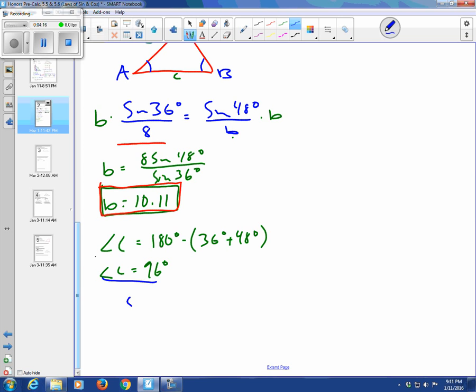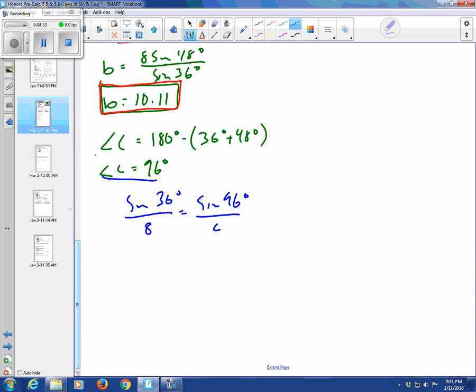So we can say sine of 36 degrees over our side of 8 equals sine of 96 degrees over side c. Then we multiply by c on both sides and multiply by the reciprocal of sine of 36 over 8.